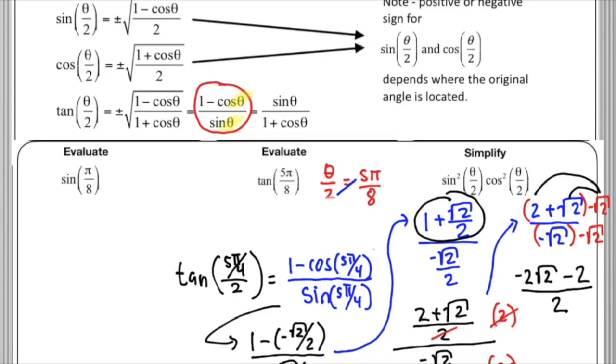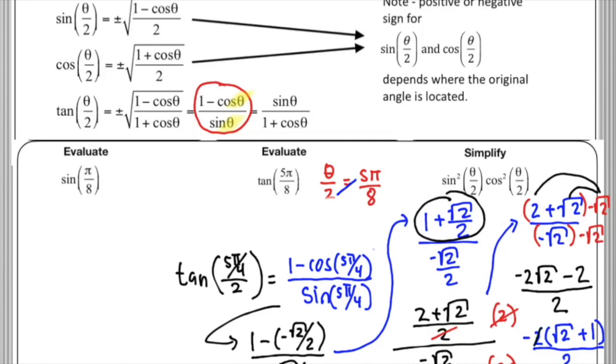Ooh, this thing is never ending. And we can cancel each one of these 2's out because they're in common. So I could, for example, factor out a negative 2 and go square root of 2 plus 1 divided by 2.